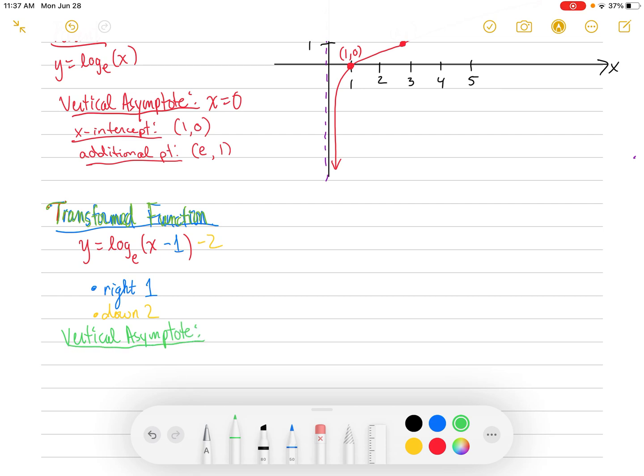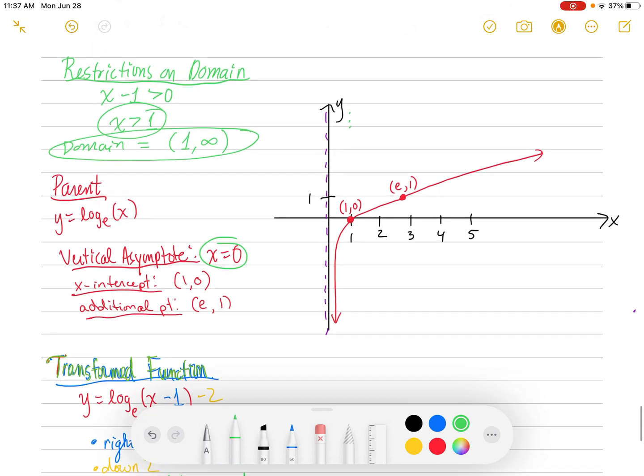So if I look at my vertical asymptote here, I'll make that in green. Your vertical asymptote is x equals 0, right? The equation x equals 0. That's for the parent.